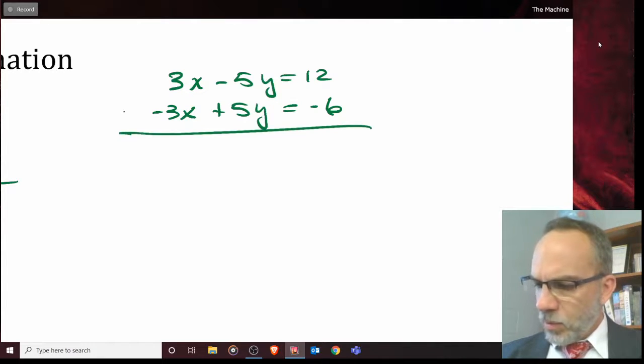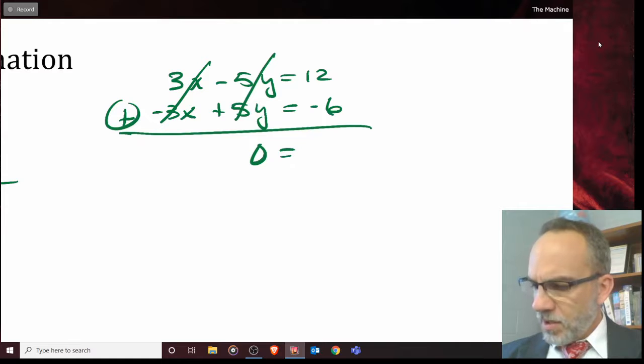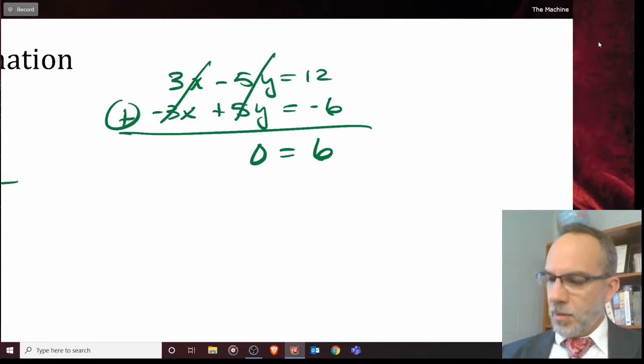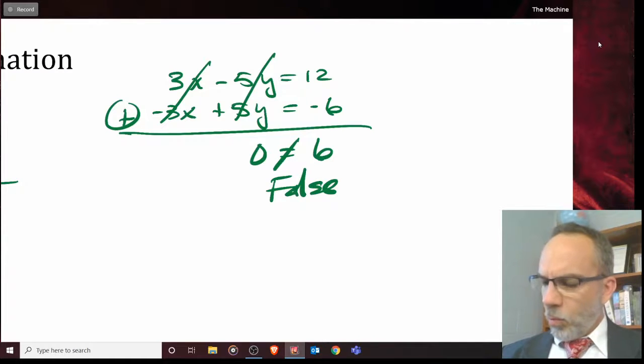And when you add those, not just one, but both of your variables drop out and you get 0 is equal to, what is this over here? I don't know, positive 6? Both of your variables drop out and you have a true or a false statement remaining. This is false. Okay? What's your solution? No solution.